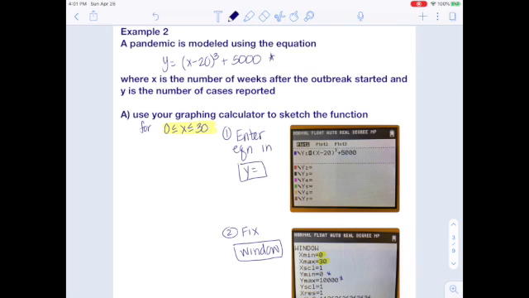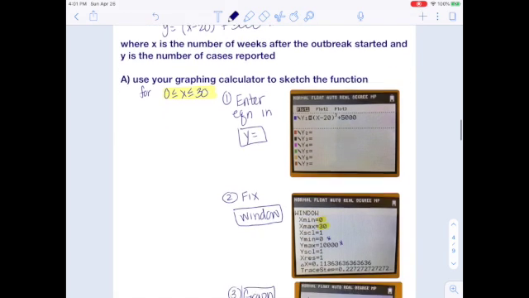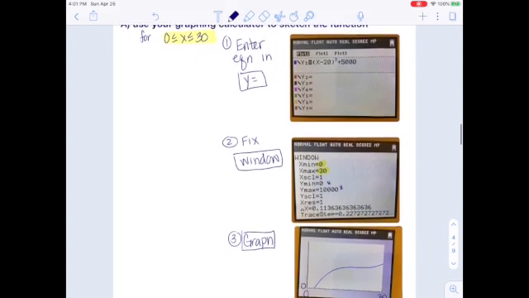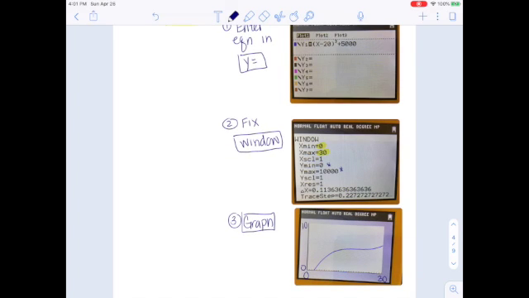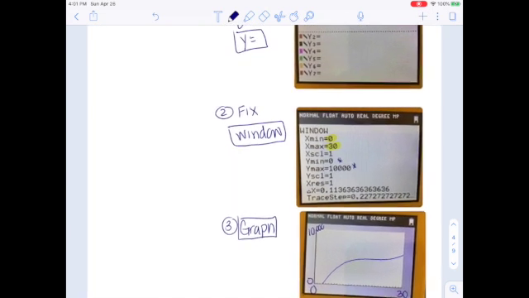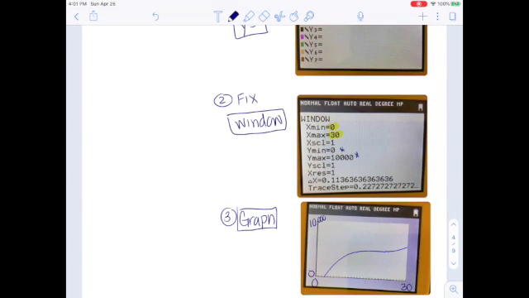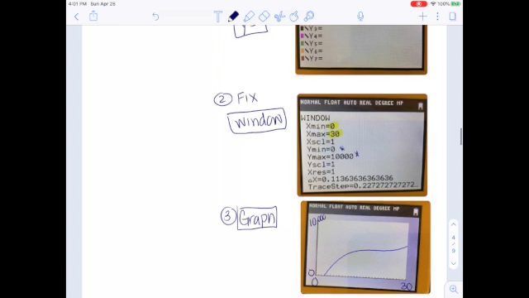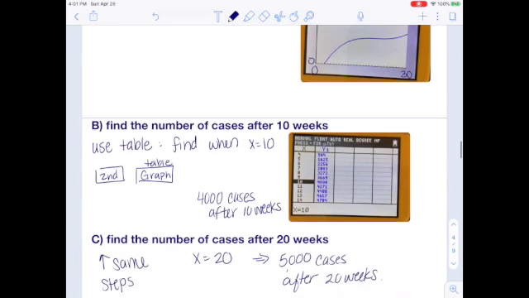And then I looked at my formula and I saw 5,000 as my y-intercept. So I need to go well above that 5,000. So I chose 10,000 all the way up here. If you enter all that, you should get the same graph as I do, maybe just not in color.